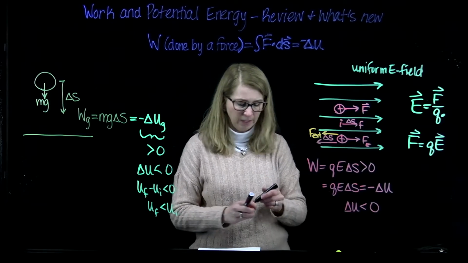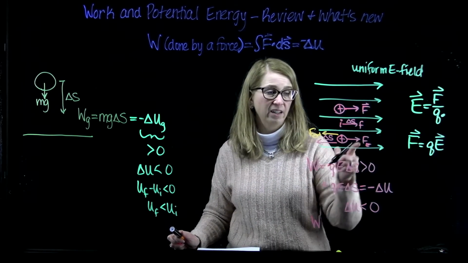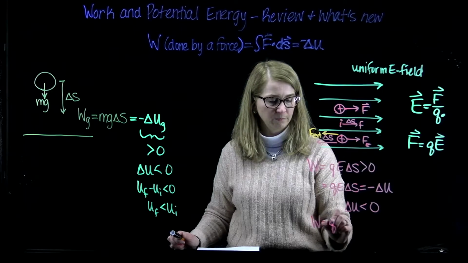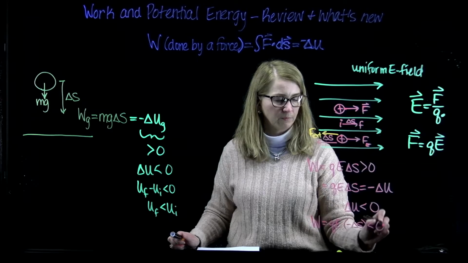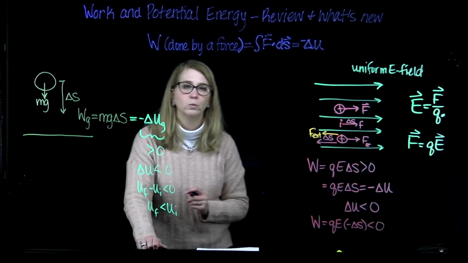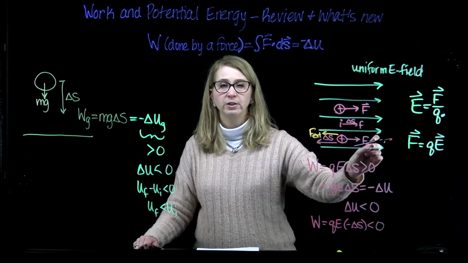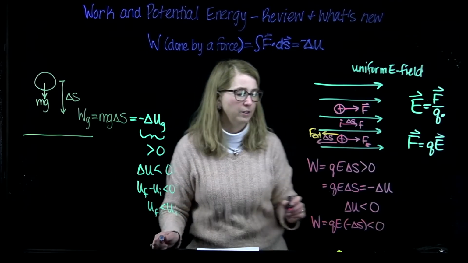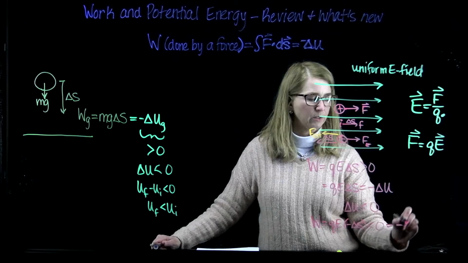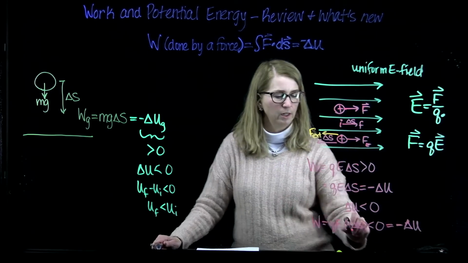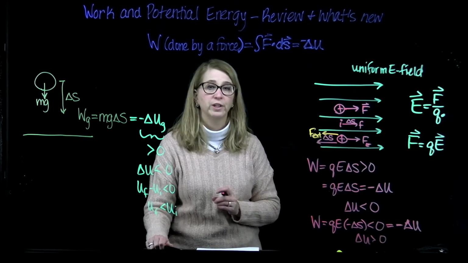But in any case, if I was calculating the work done by the electric field, that work would be negative work, because this force is not going to do anything to make it go to the left. And so when we think about this being equal to minus the change in the potential energy, this actually has a potential energy change that is greater than 0.